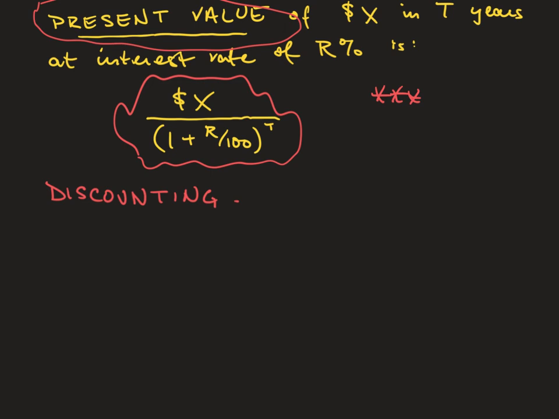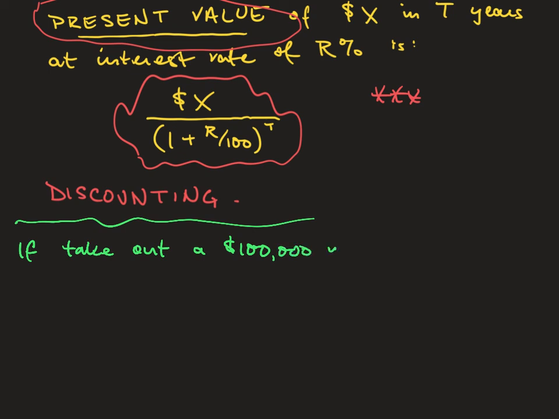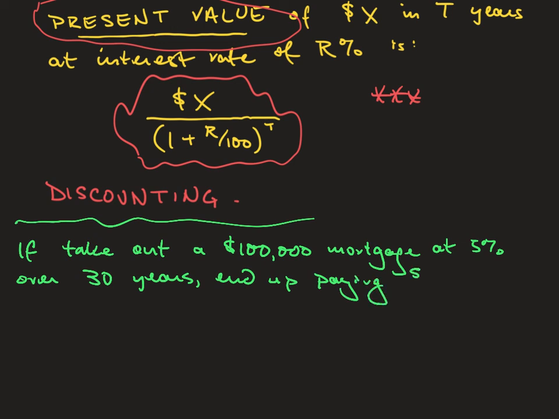So, for example, sometimes you will encounter in your life a piece of information like, if you take out a $100,000 mortgage at 5% repaid over 30 years, you end up paying $300,000 for the house. This statement is false.